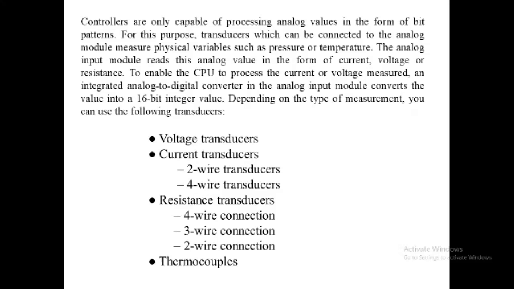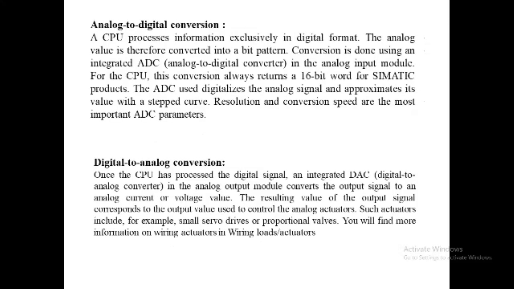A higher module resolution reduces the length of the increment and adds precision to the digitization of the analog signal. Some approximation of an analog value, which basically requires A to D and D to A conversion.